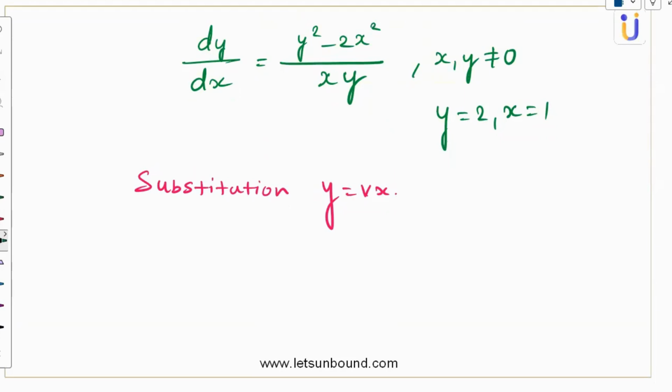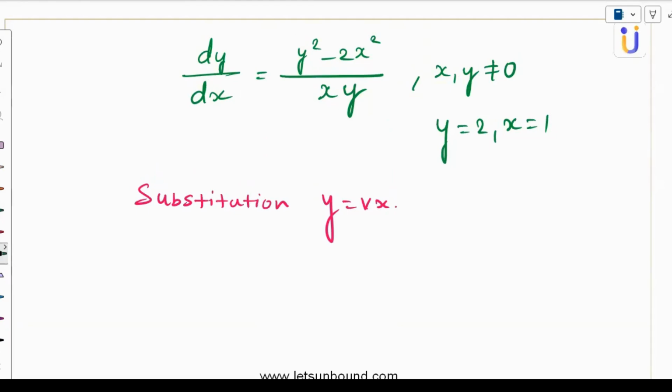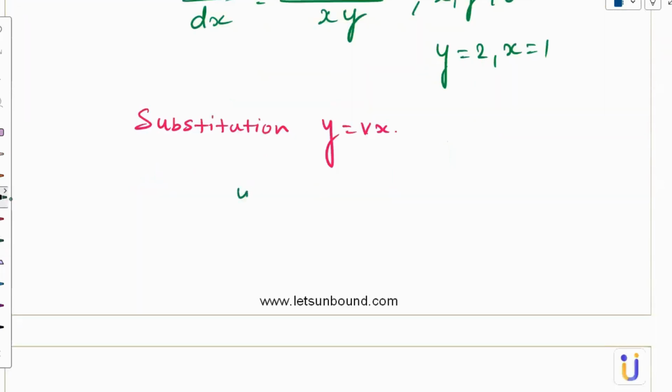We have to solve it. dy by dx is given, and y equals vx. First, take y equal to vx and start substituting, because from this we can get dy by dx. So dy by dx, it's a uv form. When you differentiate, I keep the v as it is and differentiate x, which becomes 1.